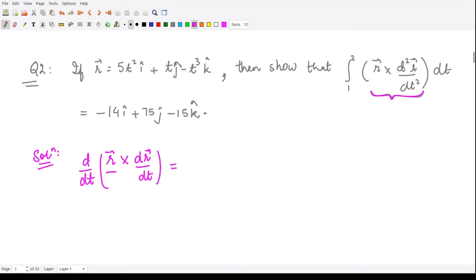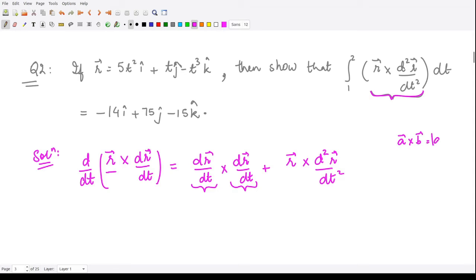You obtain the derivative of the first vector, second vector as such, plus first vector as such, the derivative of the second vector. Right? Now you know the cross of two similar things is equal to 0, because how do you define the cross product?